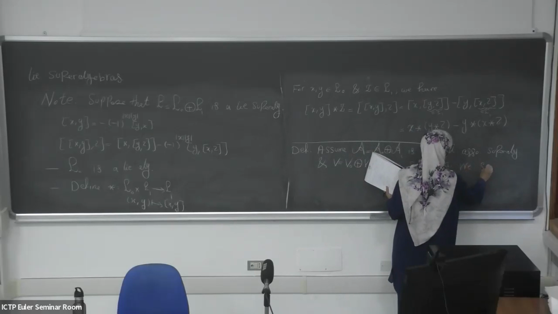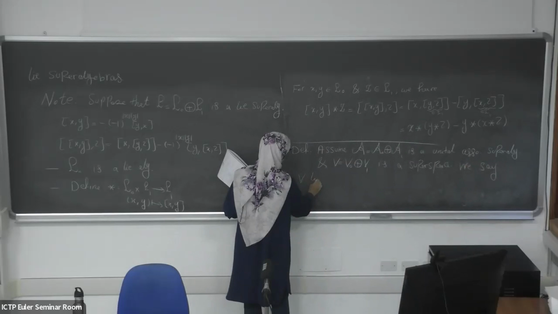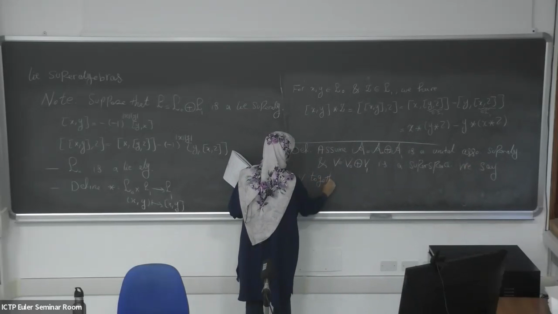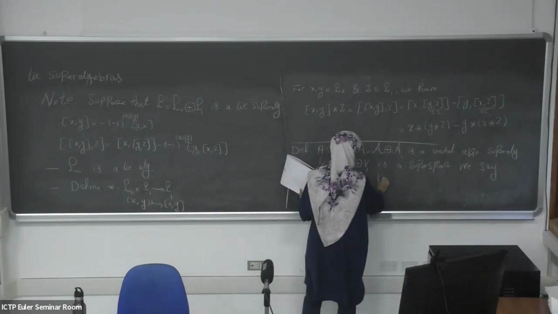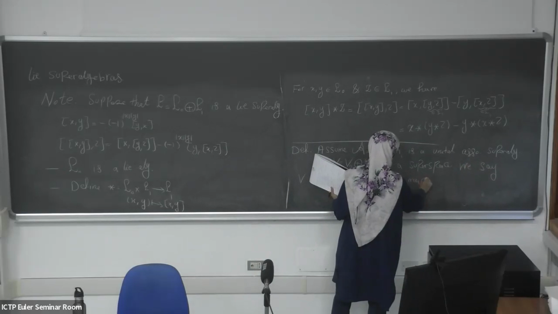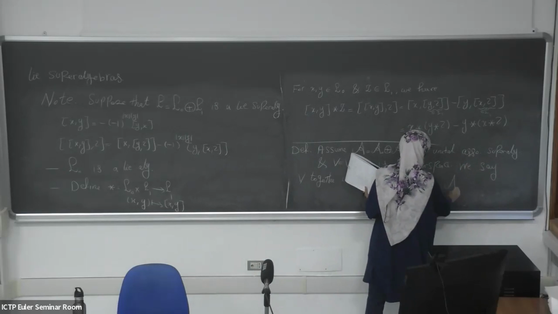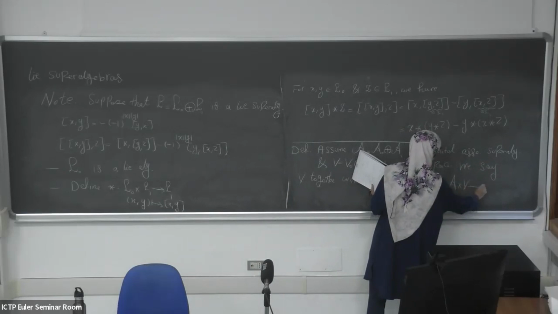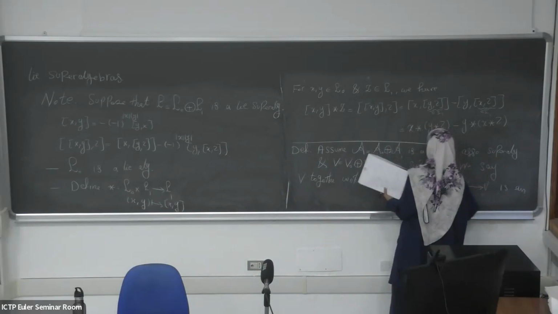We say B together with a bilinear map, which I denote by a dot, from A times B to B, is an A module.